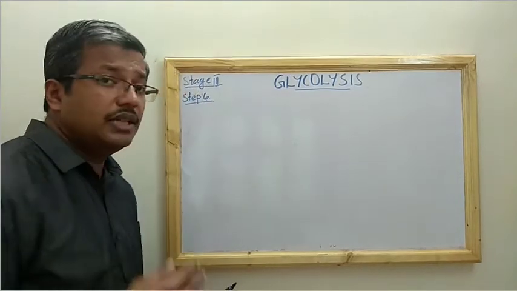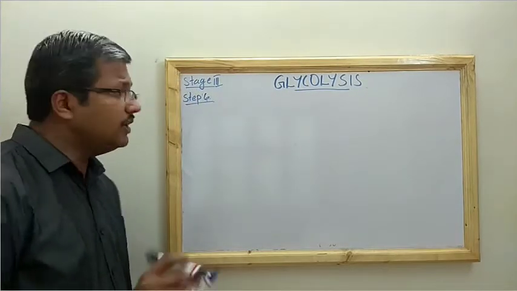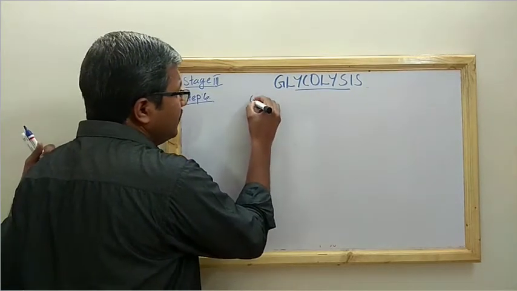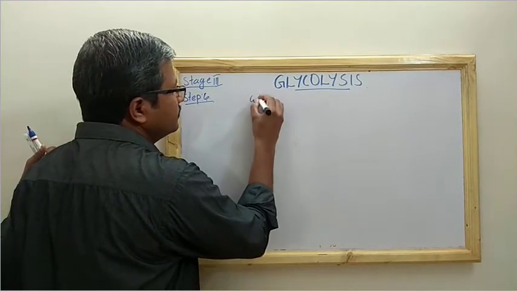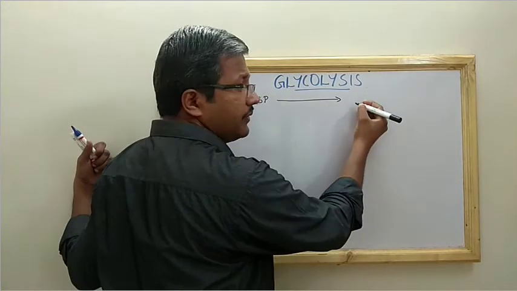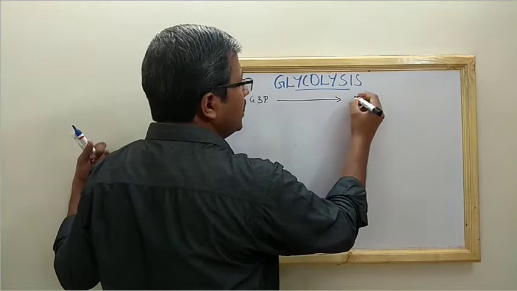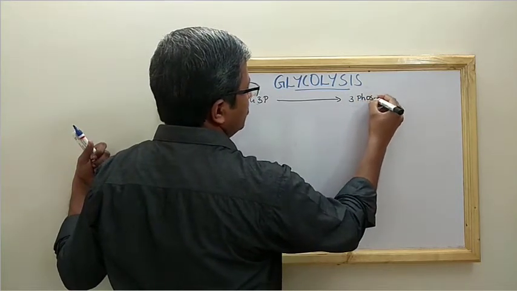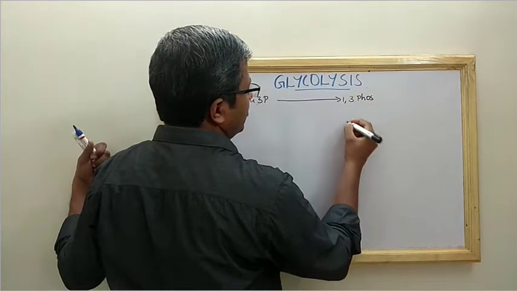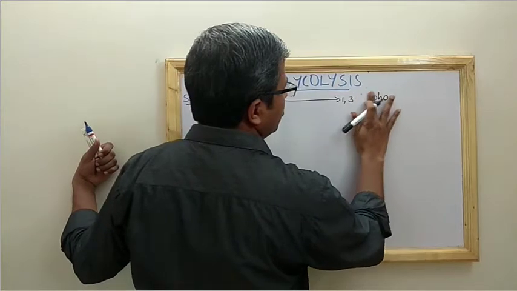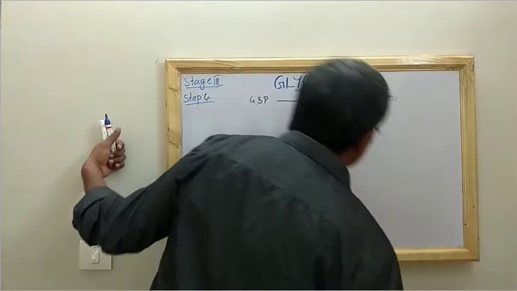Let us see what will be happening in 2 steps. Anyway, I will just draw the first step there. So glyceraldehyde 3-phosphate is converted to 1,3-bisphosphoglycerate.